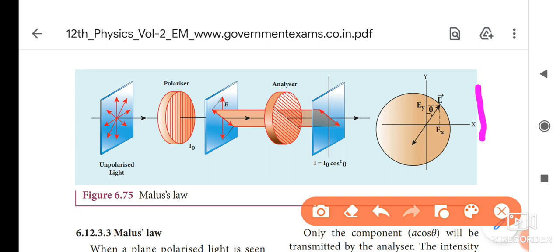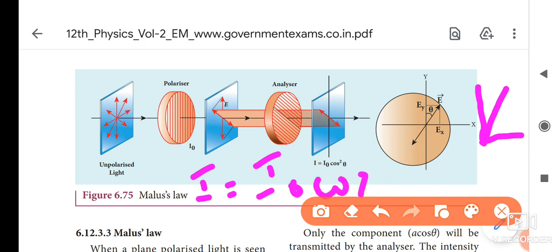Here the intensity I, we have to prove that I is equal to I naught cos square theta. The scientist Malus proved this equation by using this experimental setup.